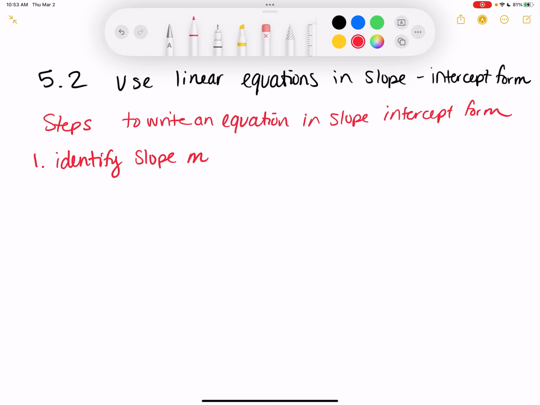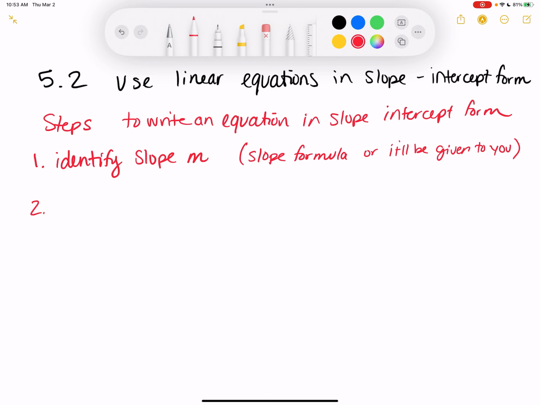And we can either do this by the slope formula, or it'll be given to you. If you were going to have to use the slope formula, it would give you 2 points, and then you would use that.